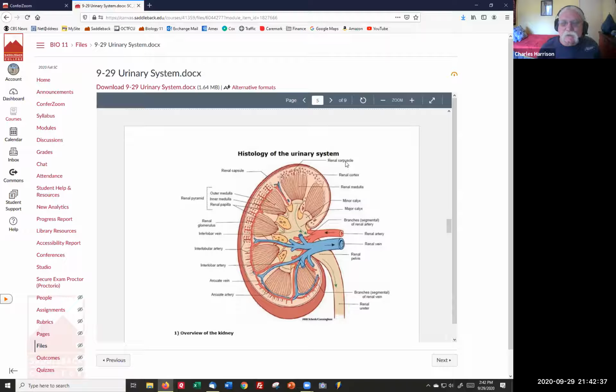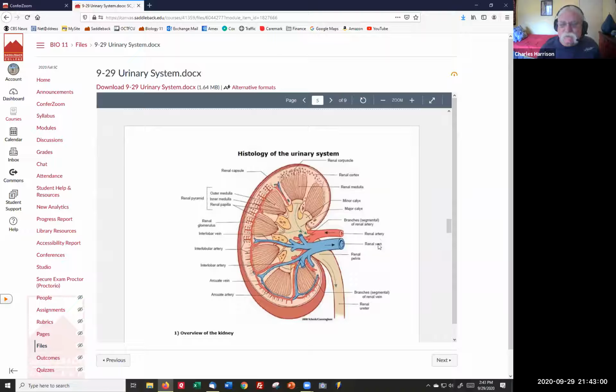Okay, we know renal capsule, renal cortex. You don't need to worry about renal corpuscle. We know renal medulla, minor calyx, major calyx. The segmental artery is not necessary.